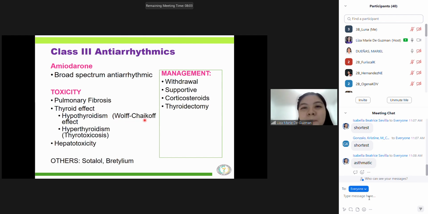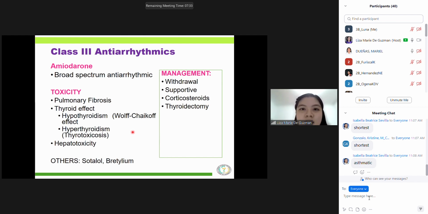Patients who have normal thyroid function can escape the Wolff-Chaikoff effect. But for those patients with an existing thyroid problem, the Wolff-Chaikoff effect is usually observed. It may last only up to 14 days.